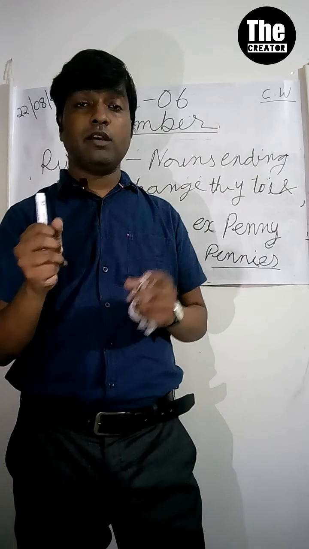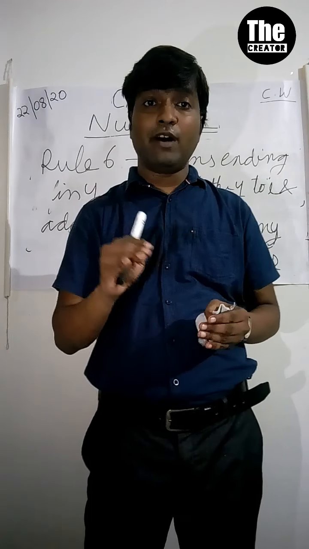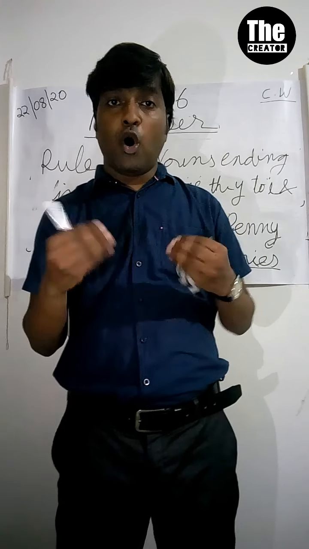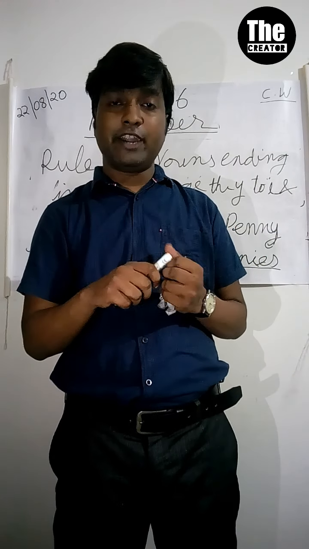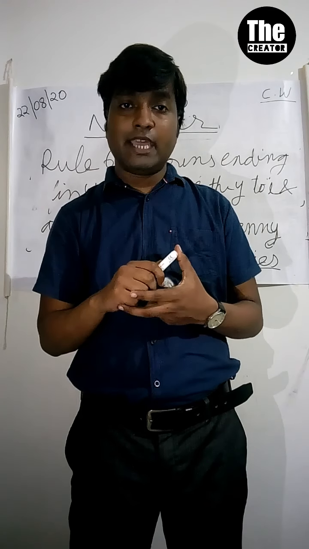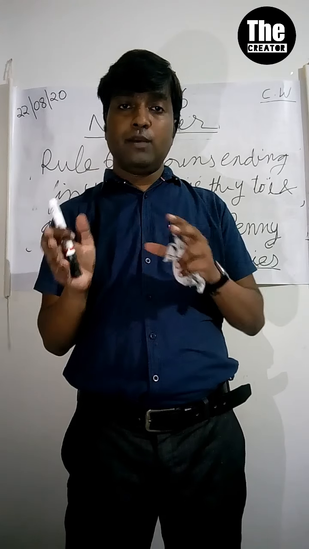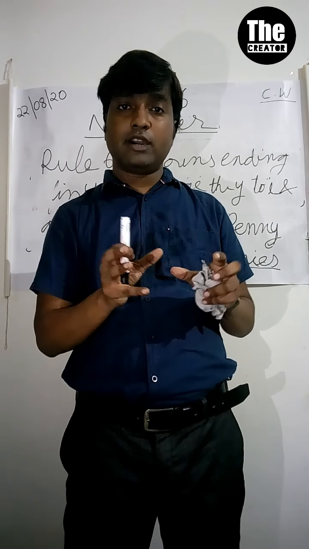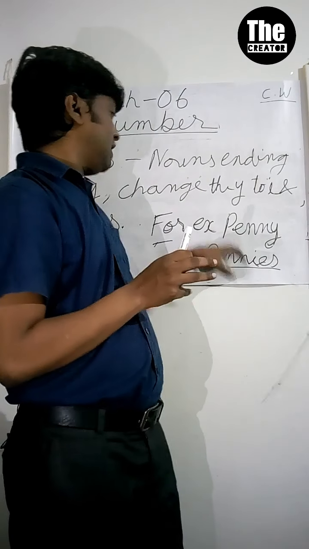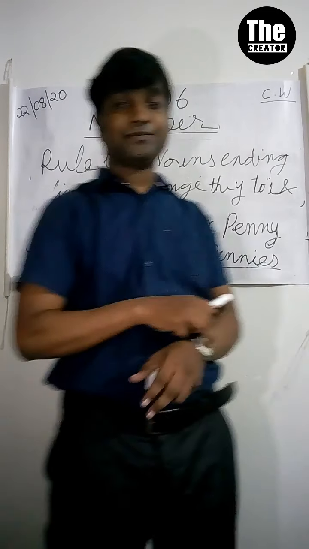But there is one exception over here: some nouns that have a vowel before Y only take S. Got it? So for example, if we talk about monkey, you cannot write monkey as I-E-S, monkies. You cannot do that.